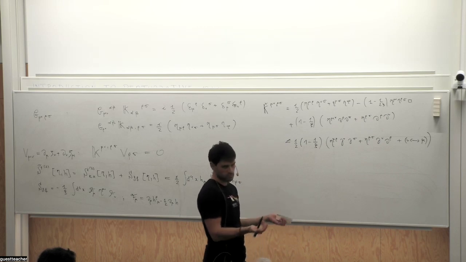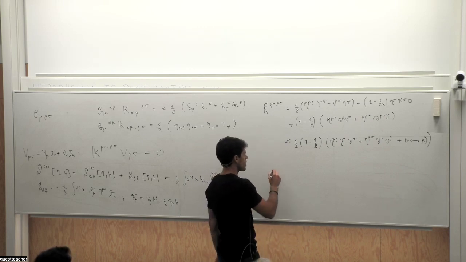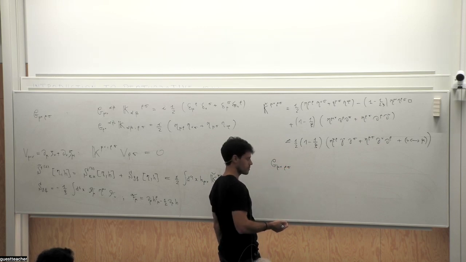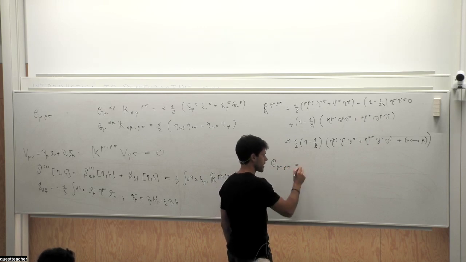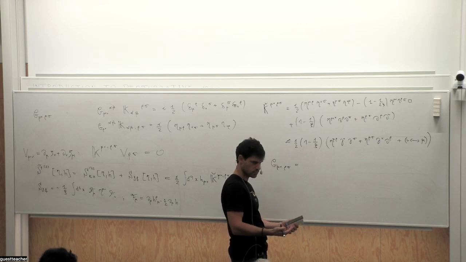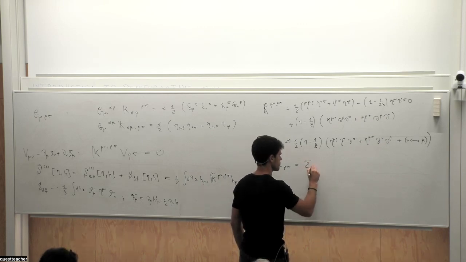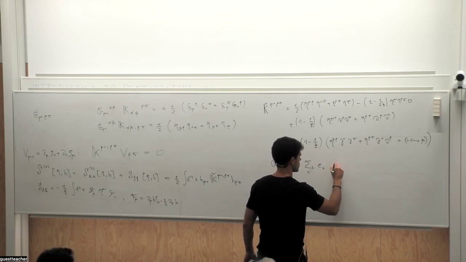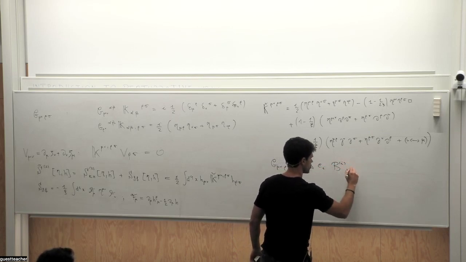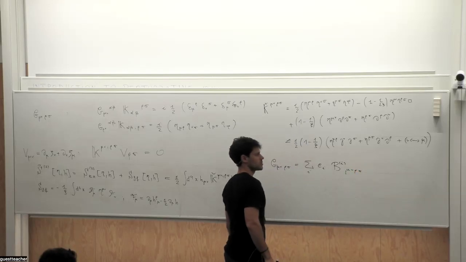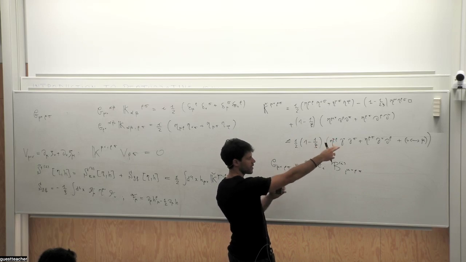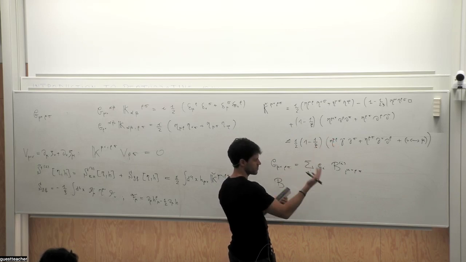But in general, what is it that you should do? You say, okay, I have my G mu nu rho sigma, which is a propagator. I expand it in a basis, with coefficient Ci times Bi mu nu rho sigma, where this basis is basically all possible combinations of eta and the momentum that you can have if you go to momentum space.